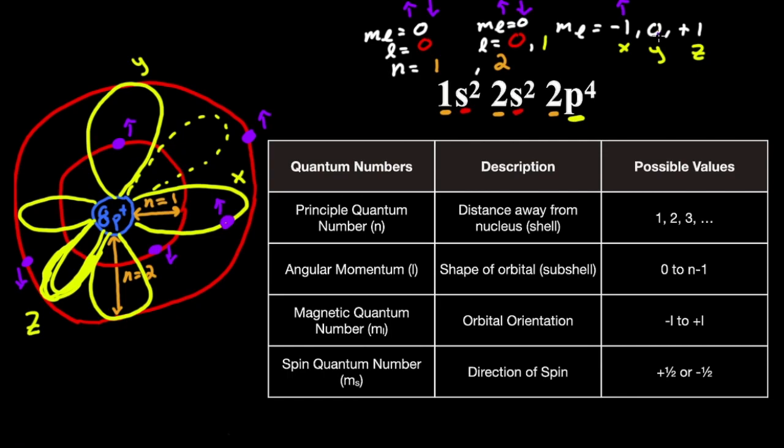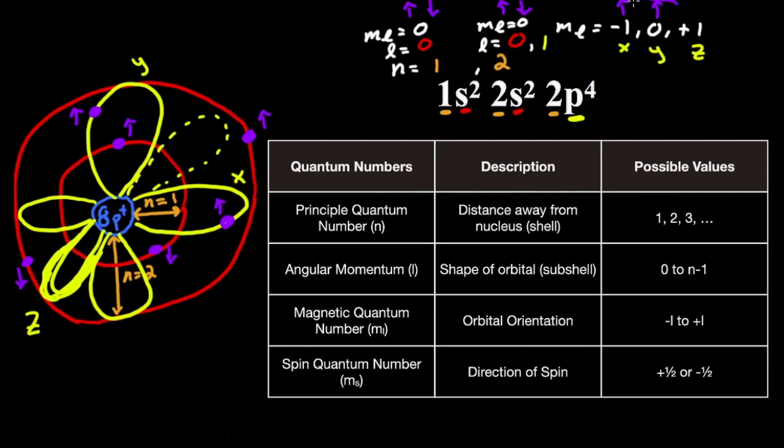So we're going to go on to this next orbital, this y orbital, which is also still a p. So instead of putting an electron in this one right in here, which is the same orbital, I'm going to put an electron right in here, and this can be my spin up. So we have that spin up electron, the clockwise, and so we have 4 electrons right in here.